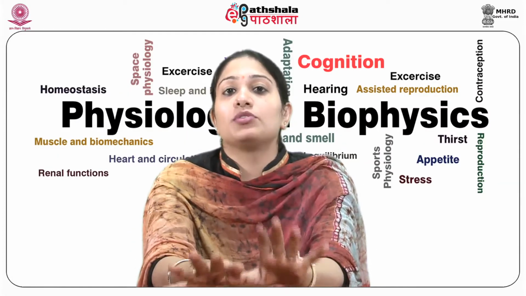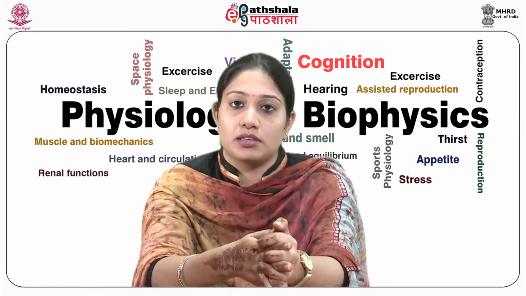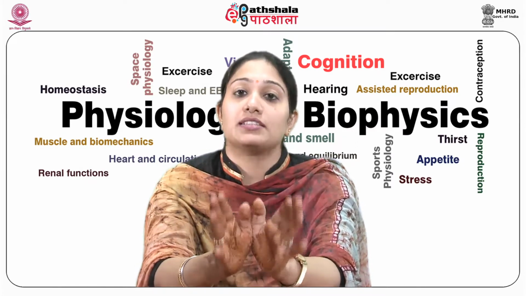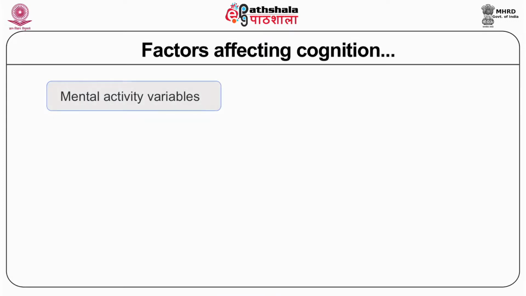So, now coming to the area which is more interesting and application based, that is, how do we assess cognition? The mental activity variables are the most important thing before you actually administer any questionnaire. They are defined as the behavioral characteristics that affect the efficiency of the mental processes.